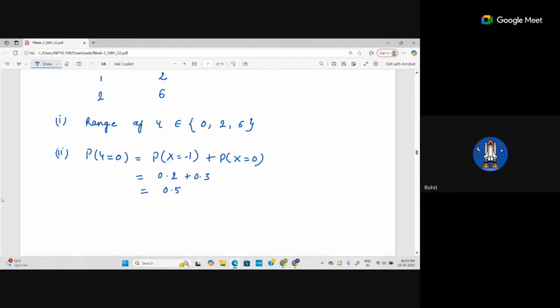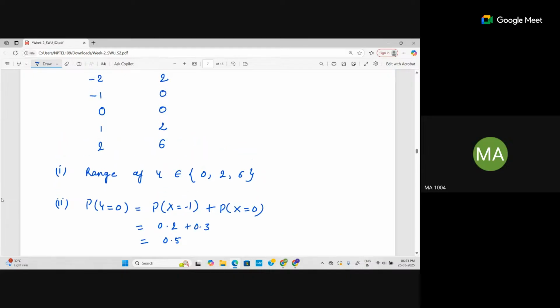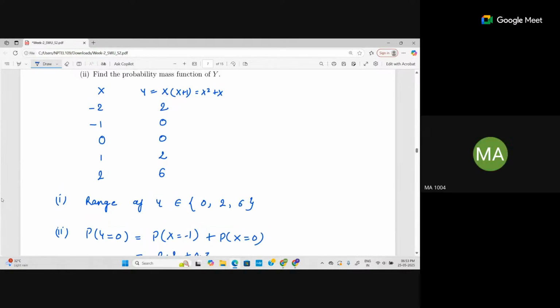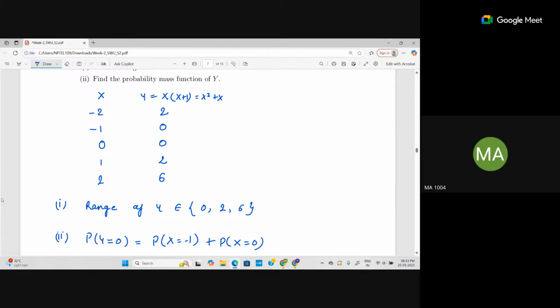Ma'am, why are we adding the probabilities of x in this case? I basically want to ask why we are using the reference of x to calculate the probability of y. Yeah, see, y is a function of x only, which means y is dependent on x. Okay, yeah, so that's clear. The values of y are decided by x only.